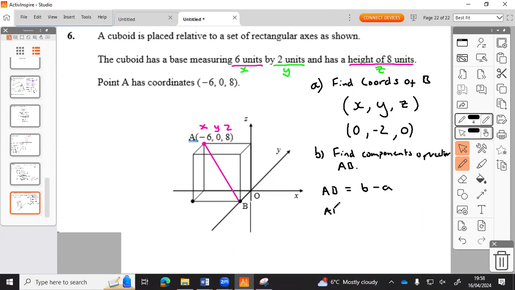So component AB is, and I just write it in the vertical. 0 minus 6 is just positive 6. Minus 2 minus 0 is minus 2. 0 minus 8 is minus 8.